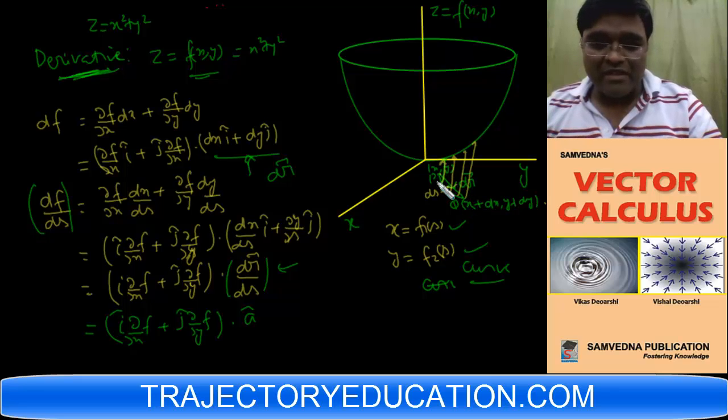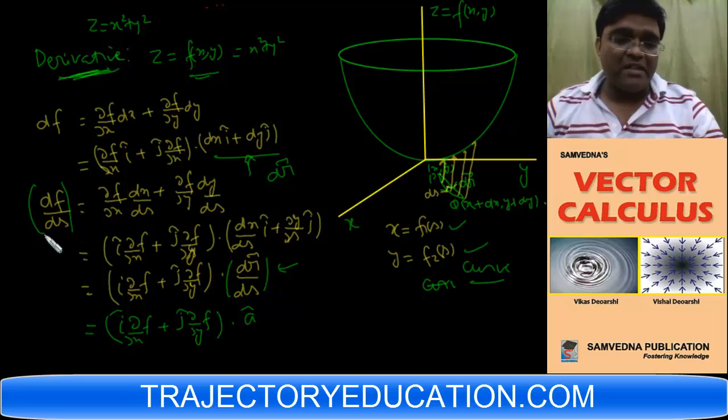You can see that f(x,y) is increasing when you are moving from P to Q along the curve. The curve determines how x and y change along a certain path, and you find that z is increasing. So df by ds exactly determines how f changes if one is moving along a certain path in the domain.